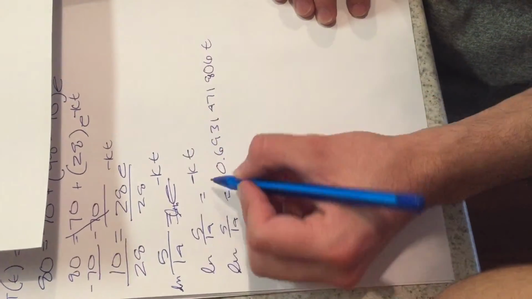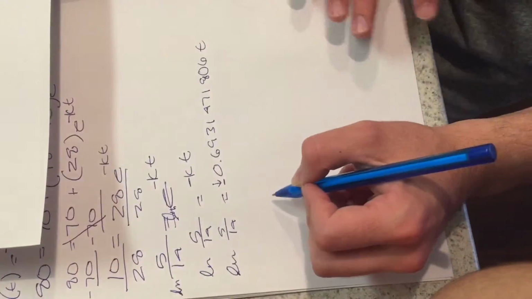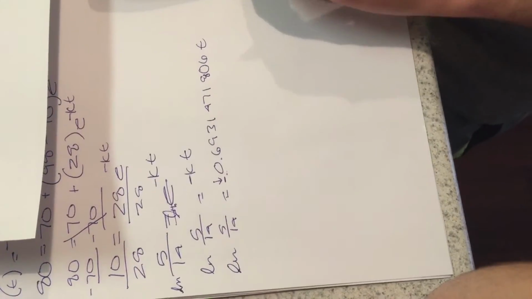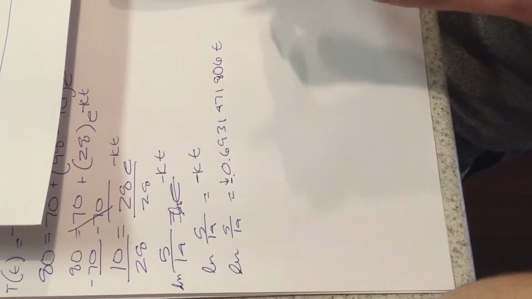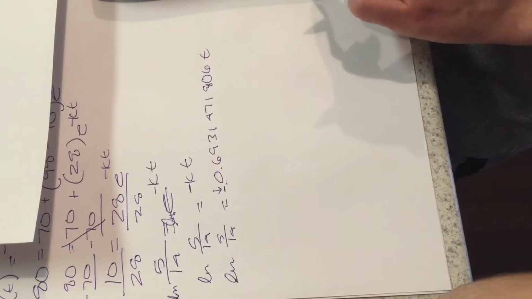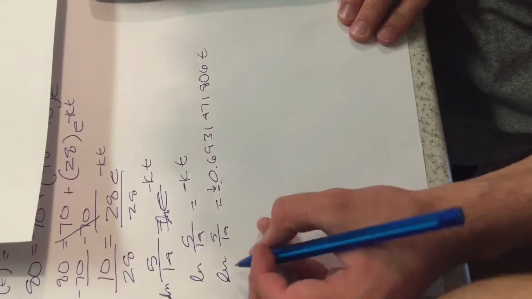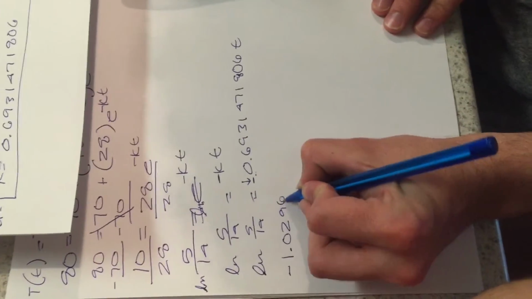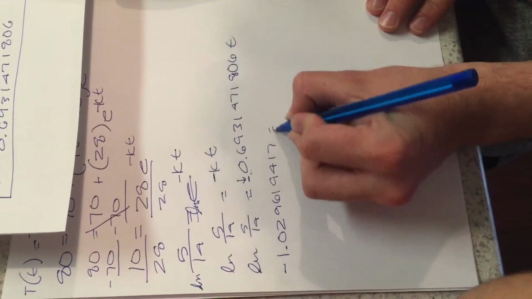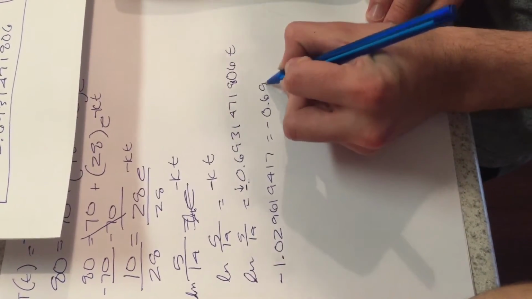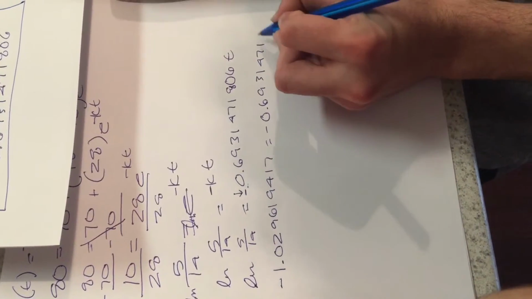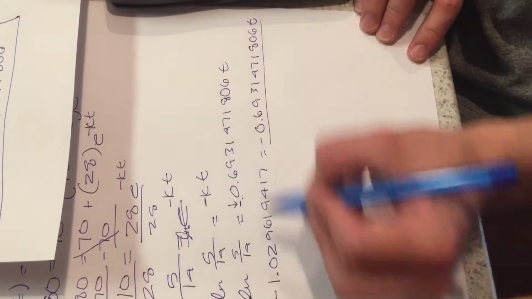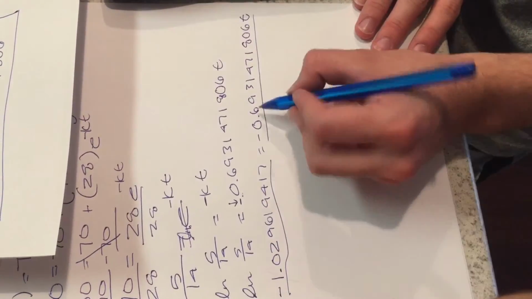And remember to bring down this negative sign. The next thing to do would be ln, open up parentheses, 5 divided by 14, close parentheses, and you get another nasty, disgusting number. Negative 1.029619417 equals negative 0.6931471806 t. You're solving for t and you want to get the t by itself, so you're going to divide this big number by this big number.